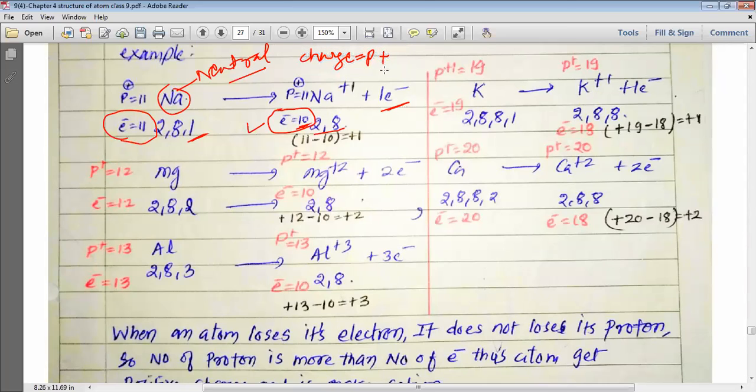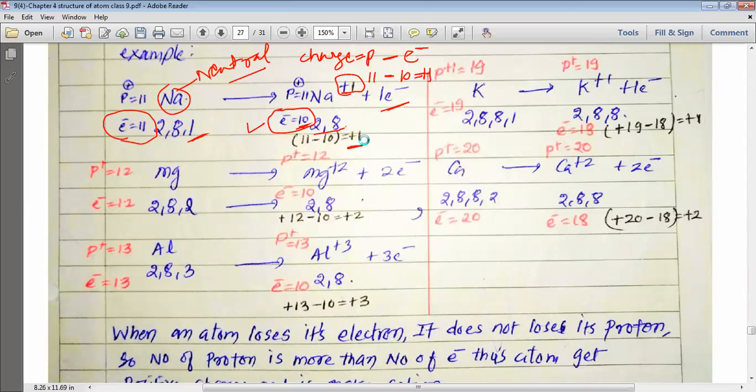Sorry, the charge is equal to the number of protons minus the number of electrons. The number of protons is 11, the number of electrons is 10, and that is why it is plus 1. And that is why you can see that there is plus 1 charge present on the sodium atom.